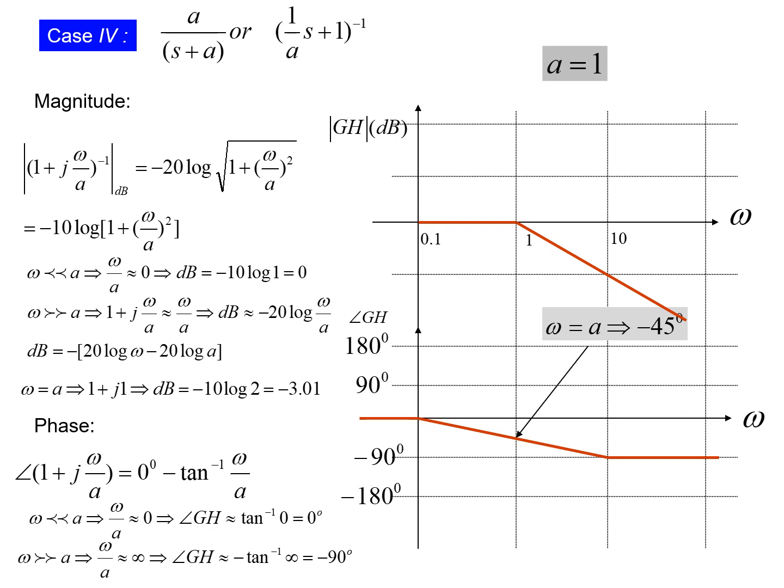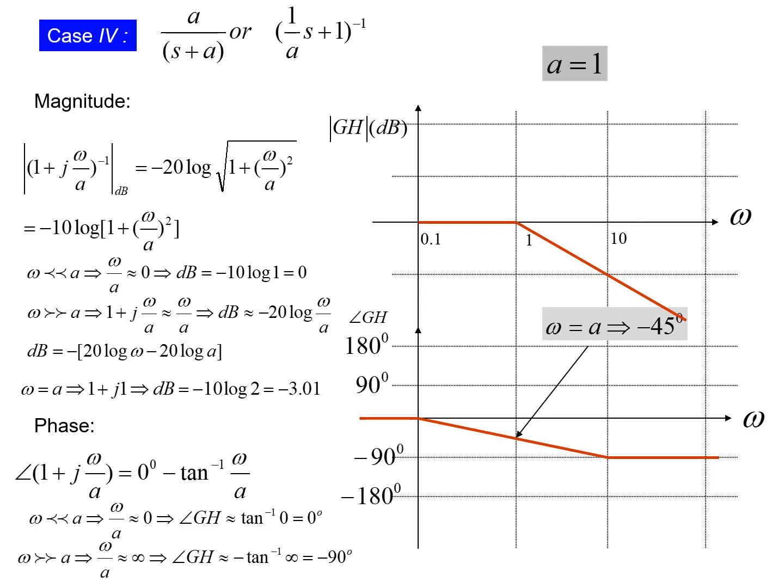This part. And for omega more than a, 1 plus j omega per a is approximately omega per a, and the dB amplitude is minus 20 log omega per a.